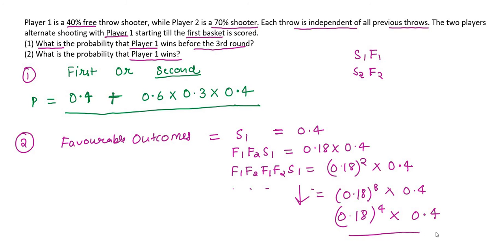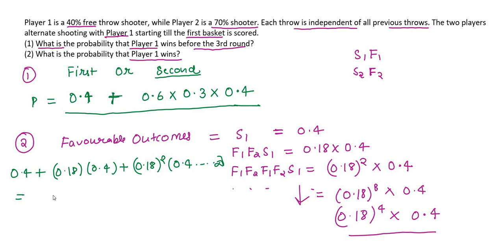All right, and now we have to find the sum of all this. That is 0.4 plus 0.18 into 0.4, and so on to infinity.